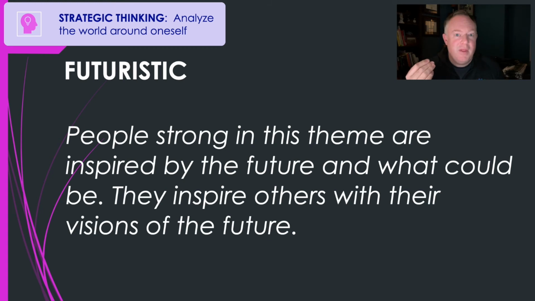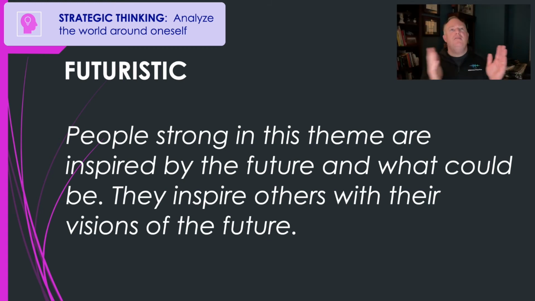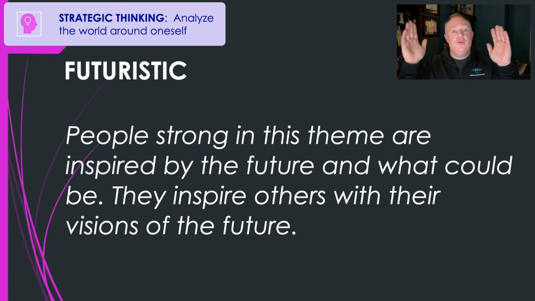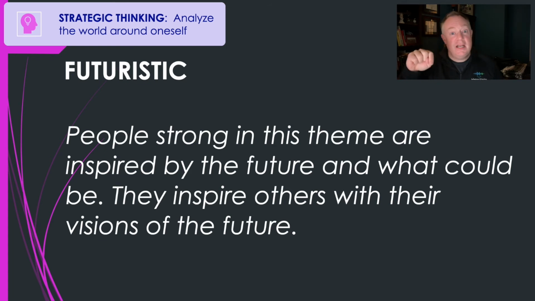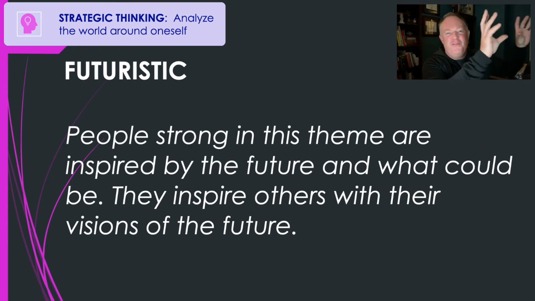A good tool to use if you're futuristic is this idea of future headlines. A future headline exercise is where you envision a future state, and you can do this on any timeline. You could say, 10 years from now, or maybe just next year, what does a future headline look like? Kevin is now the best DJ in Ohio. That'd be a future state headline 2 years from now.